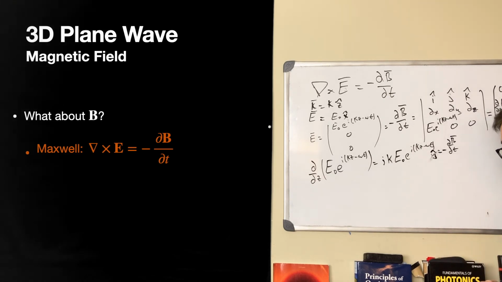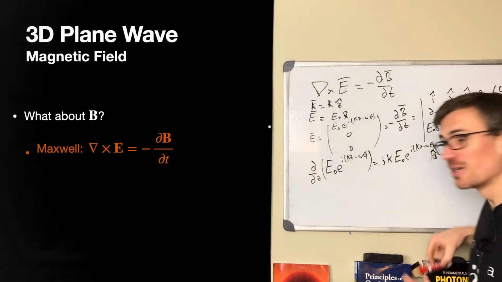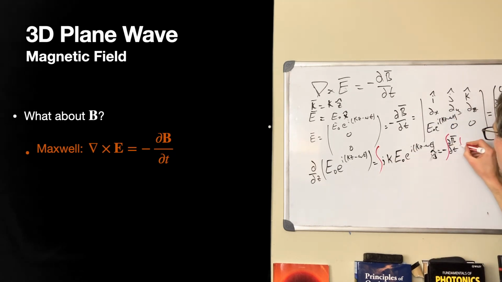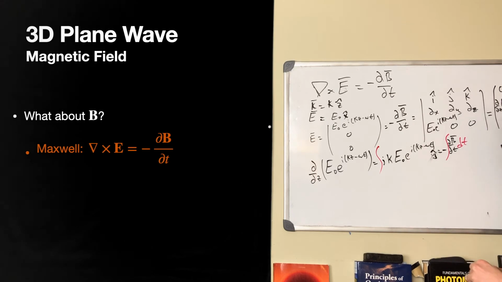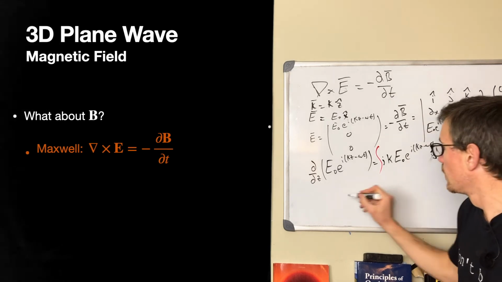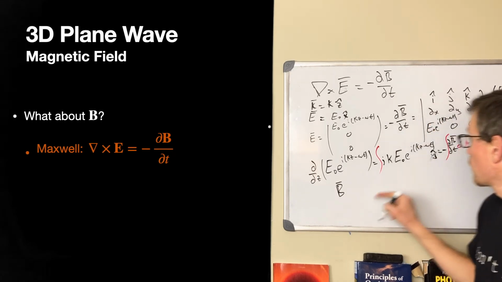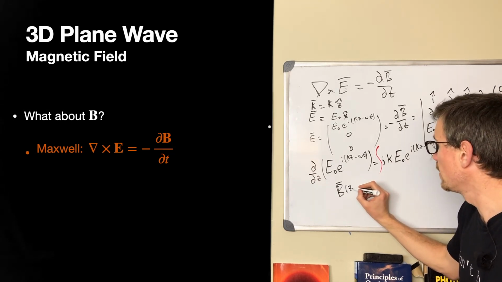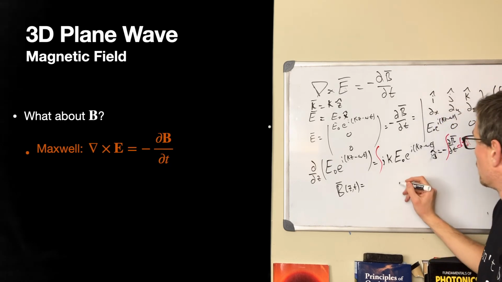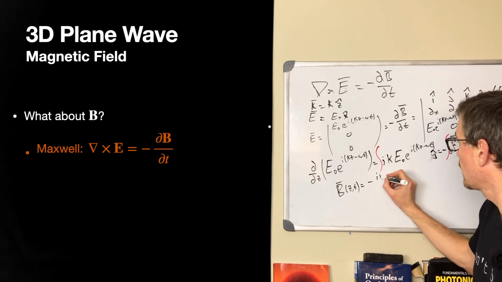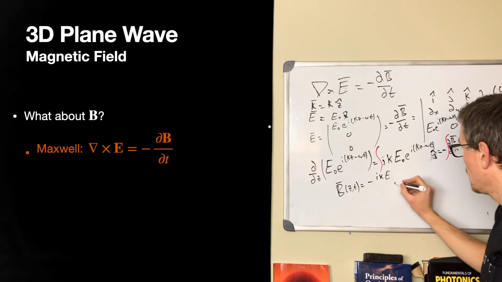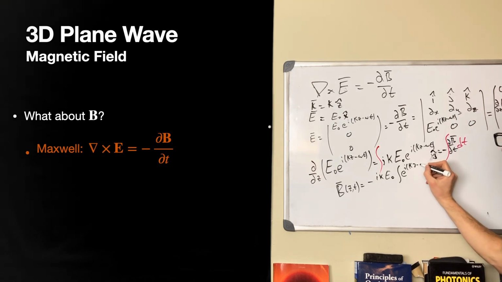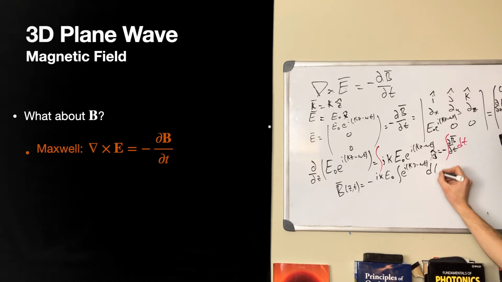Okay, so we're almost there, I promise. What we're going to do now is integrate both sides with respect to time, dt. So let's write down what that is. Now we have B of t. We only have to concern ourselves with the y component. So B of z and t is going to be equal to negative ik E naught times the integral of this term here, e to the i(kz minus omega t) dt.